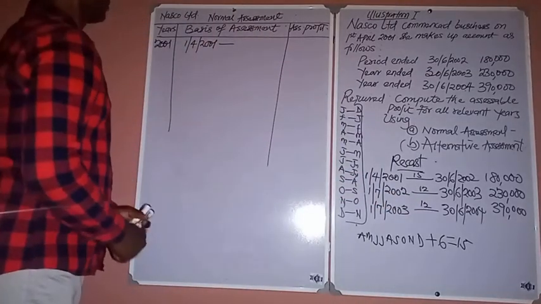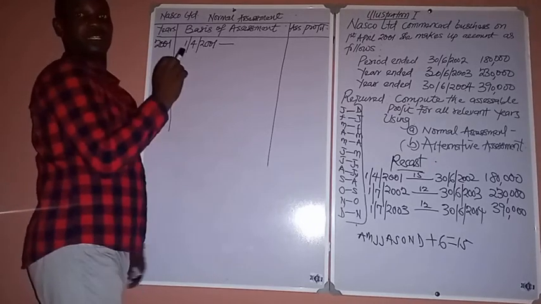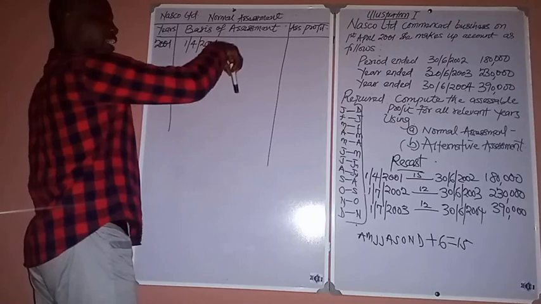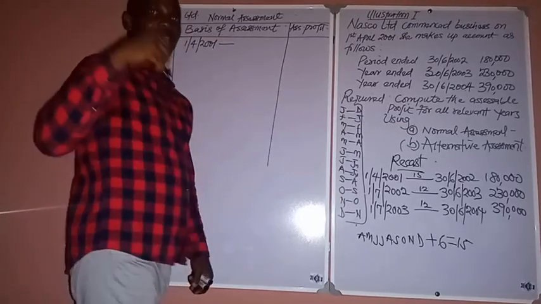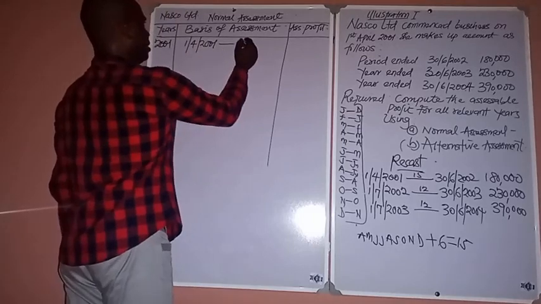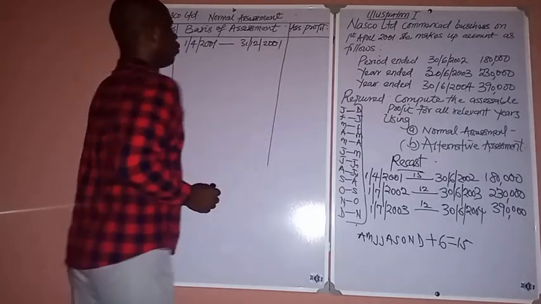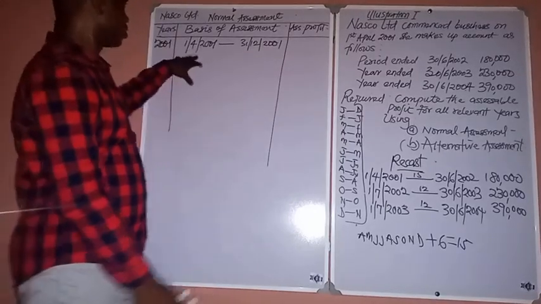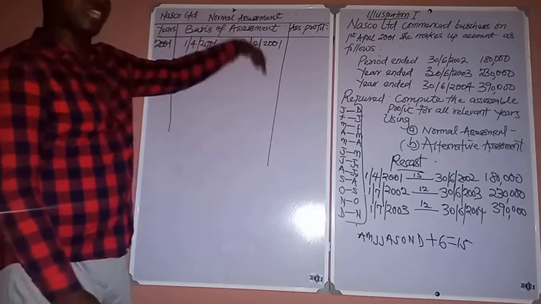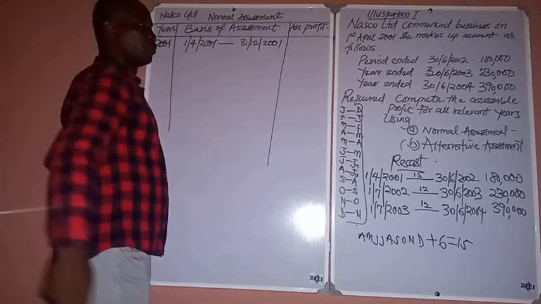Now, we're calculating the first year, which is from the date of commencement to the end of that same year. So this year, 2001, the last date of this year is 31st December 2001. That's what the law said. Under normal basis, from the date of commencement to the end of that same year. Now, how many months is this? That's what we need.